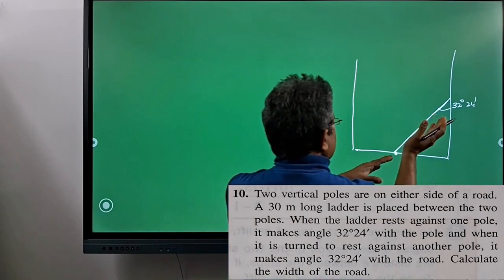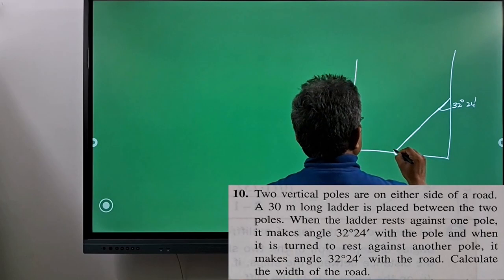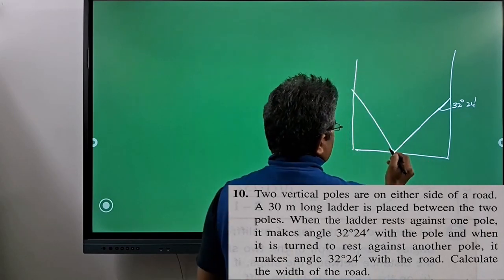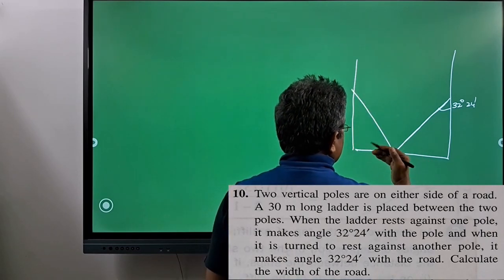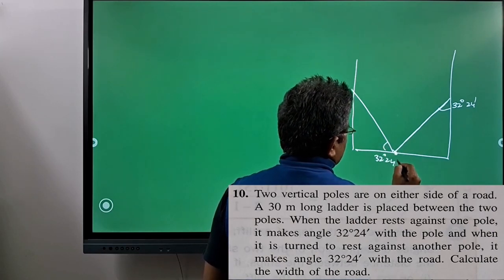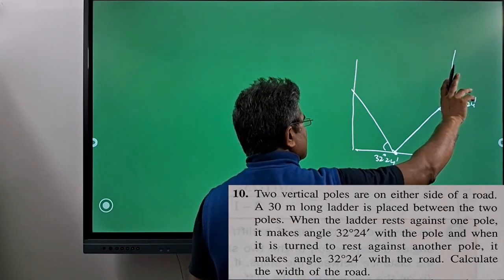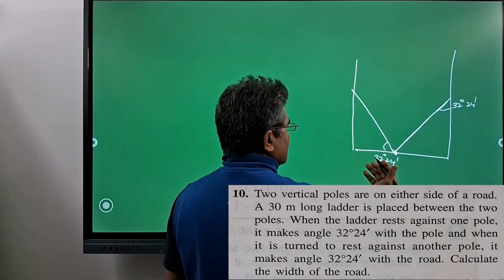And if you turn this ladder to this pole, like if you put it slant to this one, here the ladder is making 32 degrees 24 minutes with the base, or with the road. So there it is making the angle with the pole, and the same angle is made with the road.